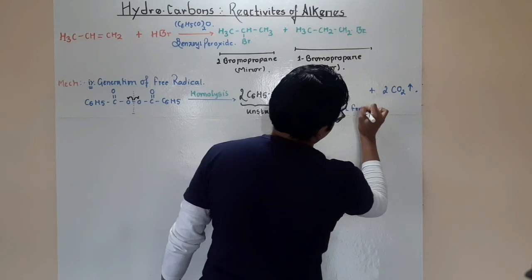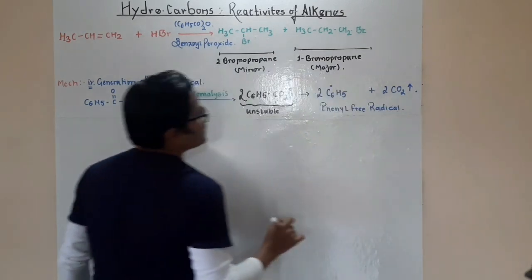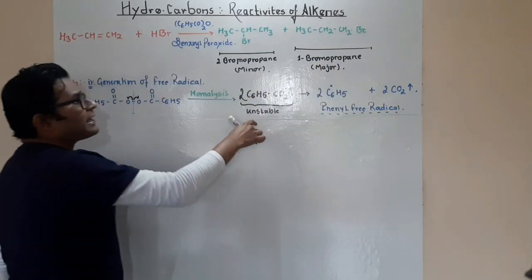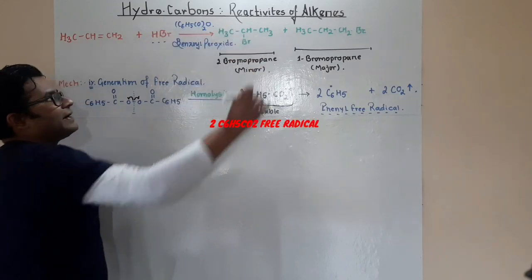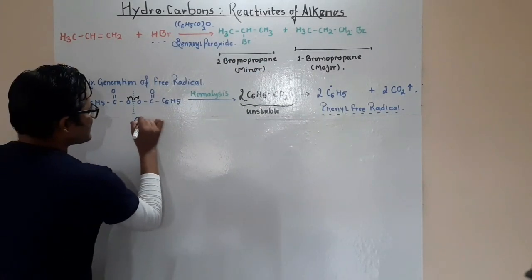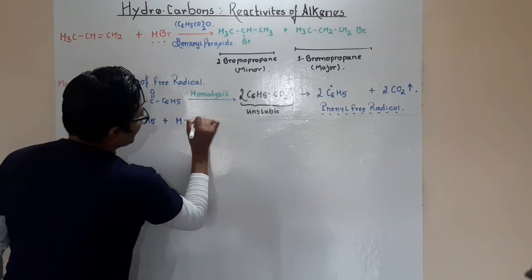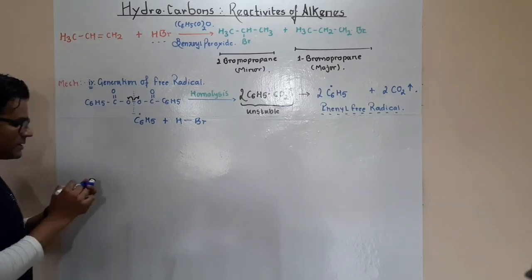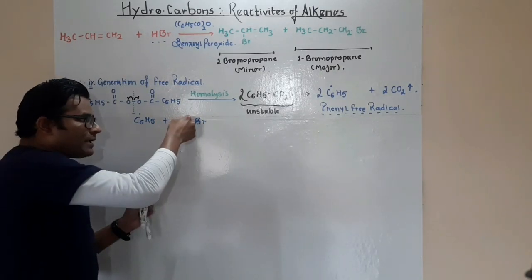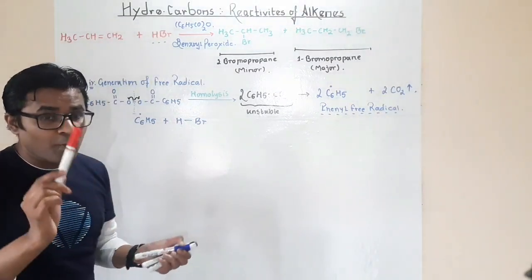When we have the phenyl free radical, it is going to react with the hydrogen halide. So C6H5 is going to react with hydrogen bromide. Again, one bond means 2 electrons: one electron goes to the hydrogen, one electron goes to the bromine. Again, homolysis.